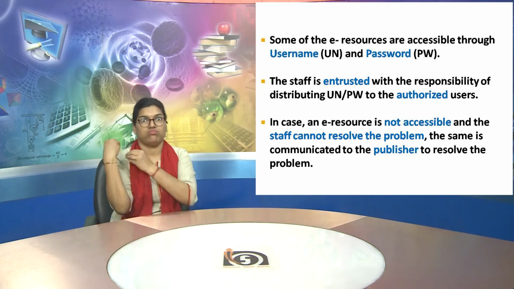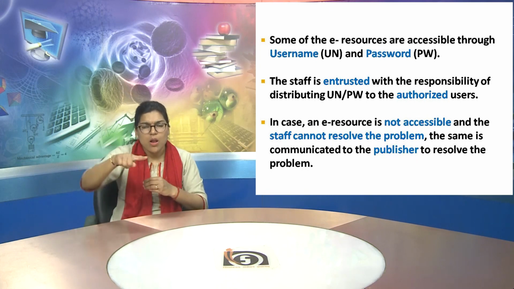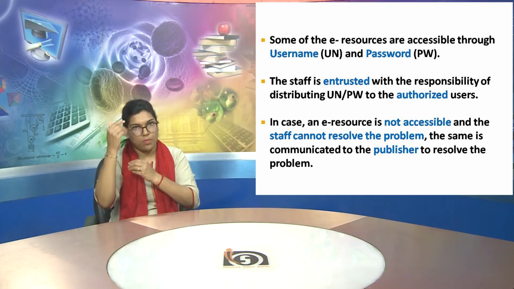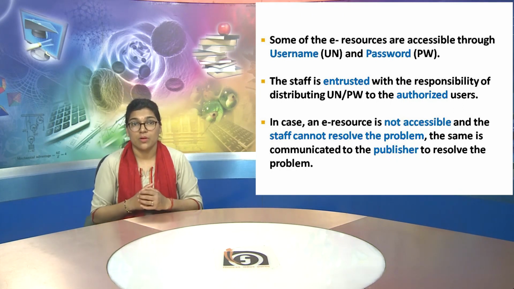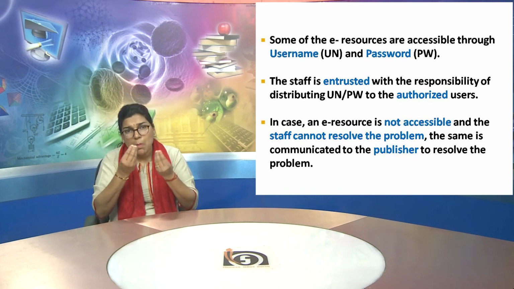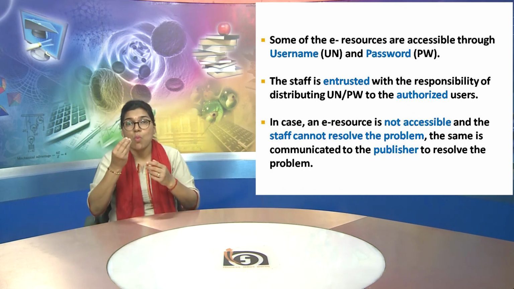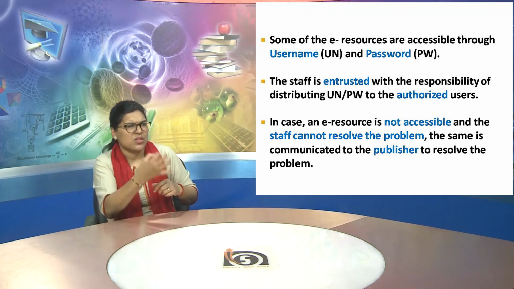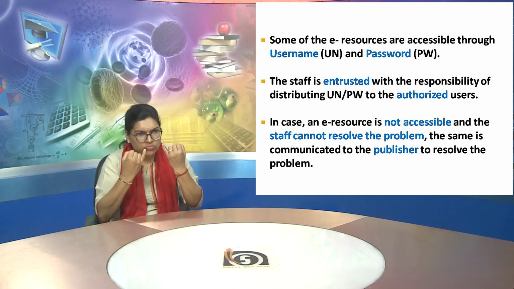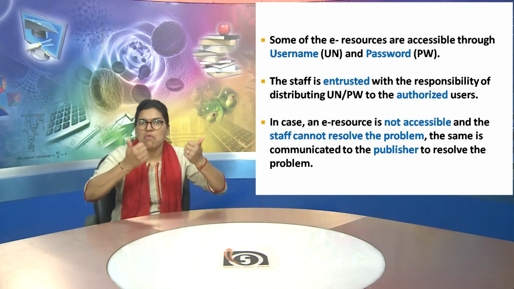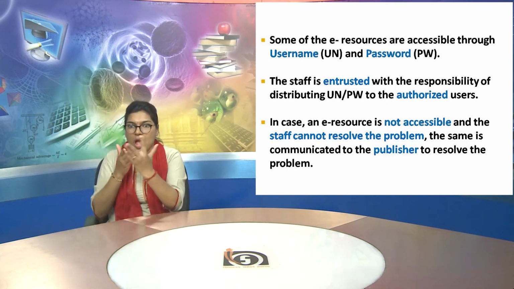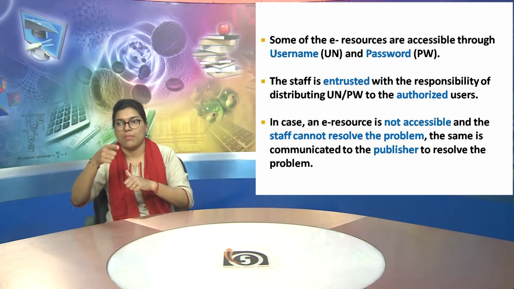The next point on screen indicates the staff is entrusted with the responsibility of distributing the username and the password to the authorized user. And if in case the e-resource is not accessible and the staff is not able to resolve the problem, then the same problem can be communicated to the publisher so that publisher can resolve the problem and the user can access the content.